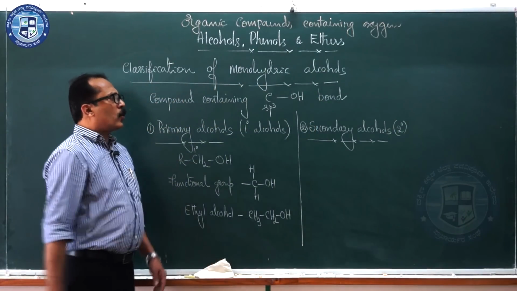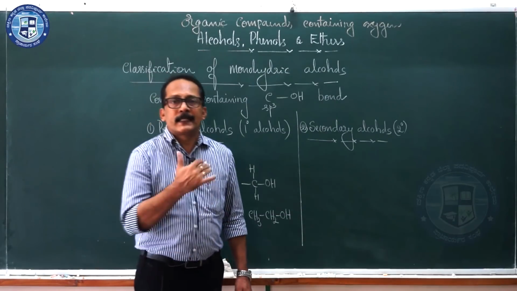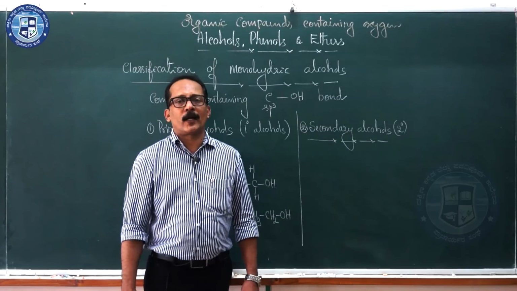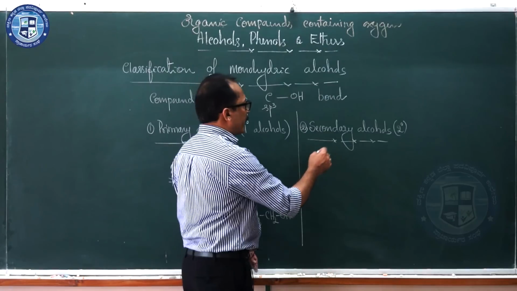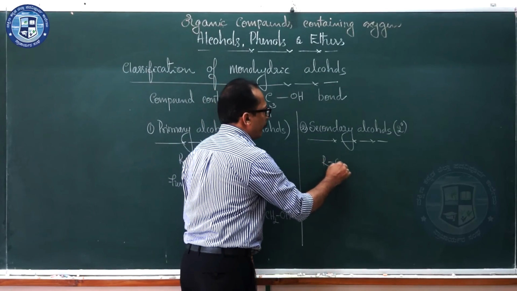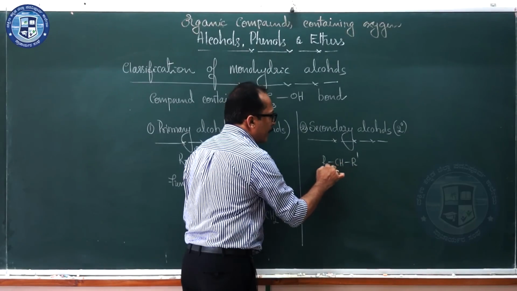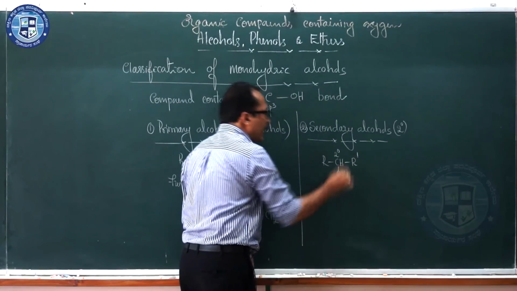These are the alcohols in which the OH group is attached to a secondary carbon atom. Such alcohols are called secondary alcohols. The general formula for secondary alcohols is R-CH(OH)-R'. See, the carbon atom is attached to other carbons, and the OH group is attached to the secondary carbon.